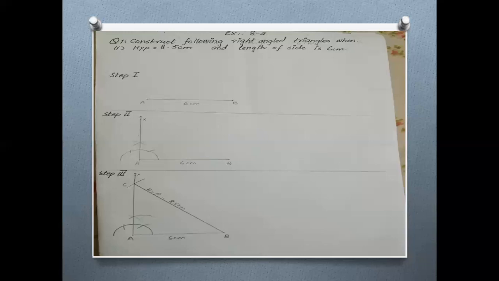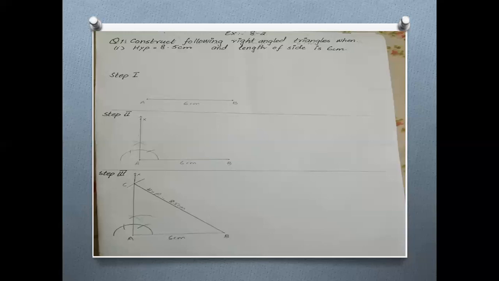Put your compass on point B and cut the ray AX at point C. That is, put your compass on point B and cut the angle of 90 degrees which lies on point A, at point C.